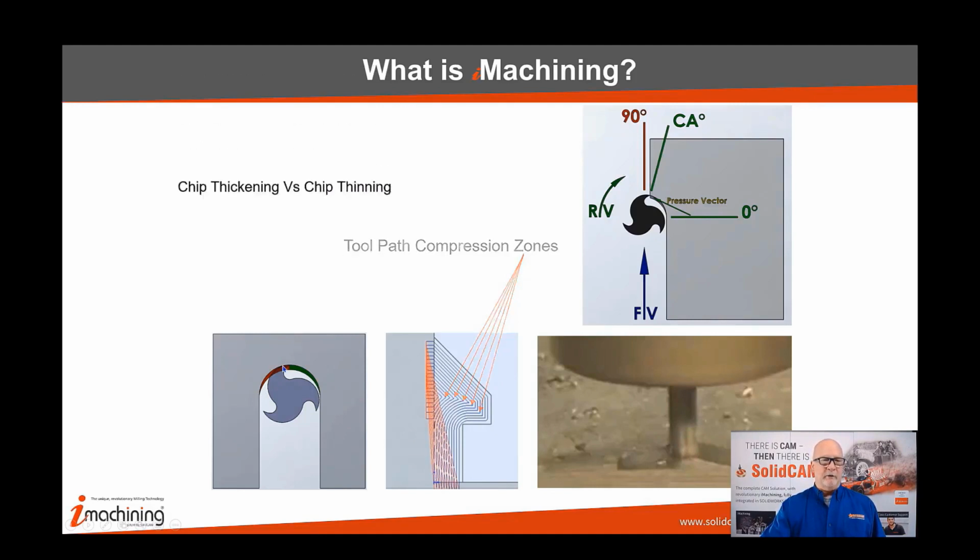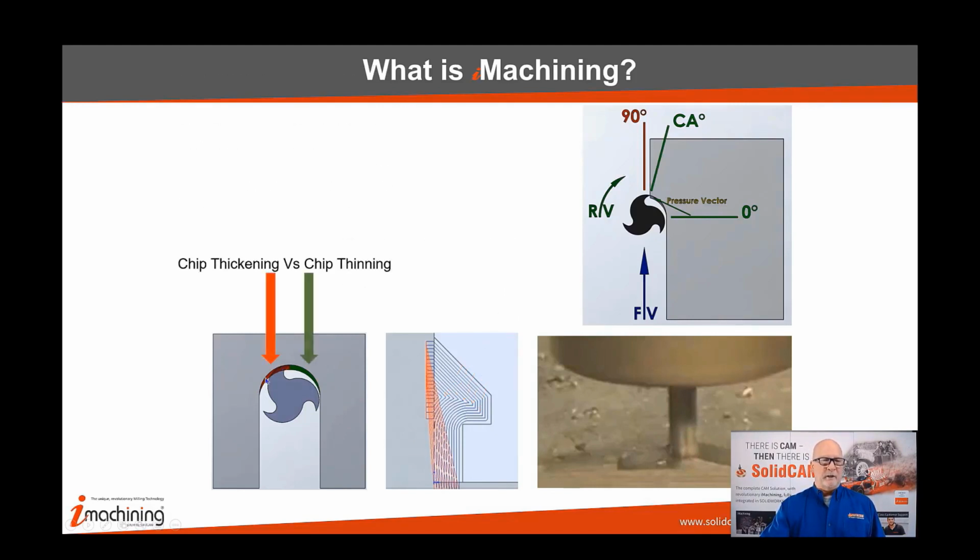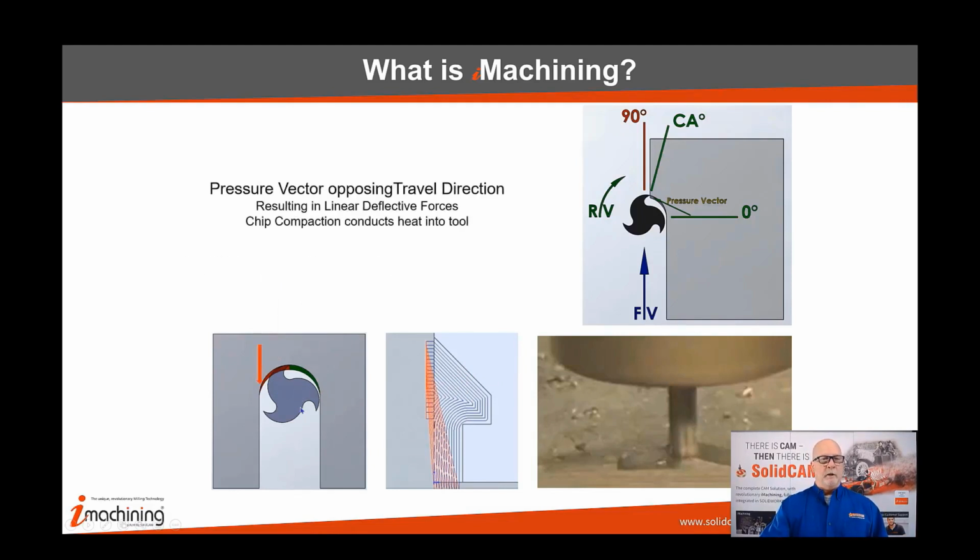Over here on the left hand side, we've got chip thickening going on. On the right hand side, as the flute advances through the cut, we have chip thinning. Now chip thinning is obviously better, but chip thickening has a couple of things that are very detrimental to the process. Number one, as the flute begins its movement and progression through this cut, the initial pressure vector on it is in direct opposition to the tool direction of motion.